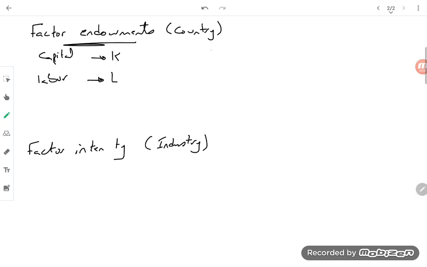So we have to compare the capital labor ratio in country A and the capital labor ratio in country B. If the ratio is greater in country A than in country B, then country A is capital abundant.